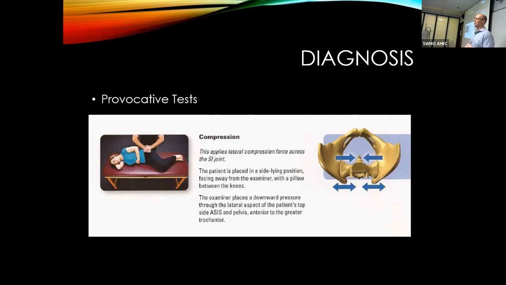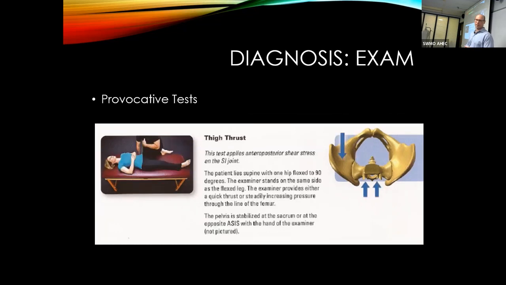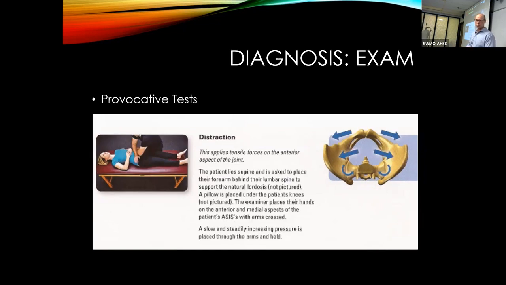That's what I think about in my mind while I'm doing it. I'm compressing that joint, trying to make it hurt. Same thing with the thigh thrust. Flex their knee, flex their hip, and you push that hemipelvis down. You're trying to rock the SI joint. Traction test, you do the opposite. Cross your arms, put your hands on the ASIS, and you're trying to rock the SI joint open.